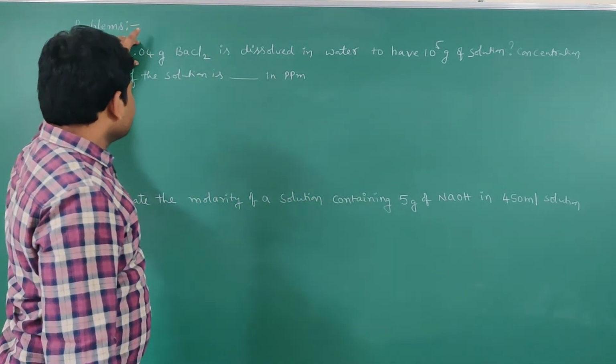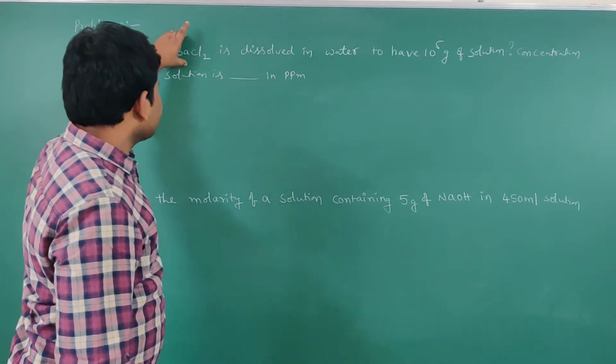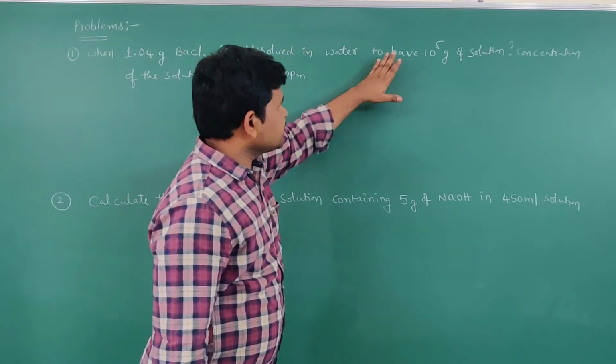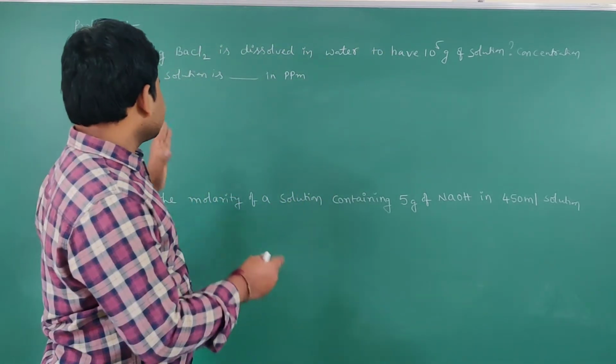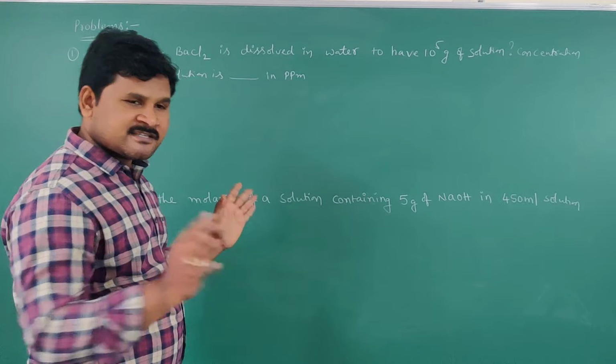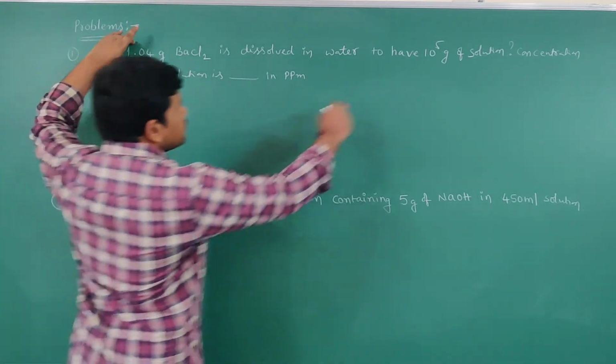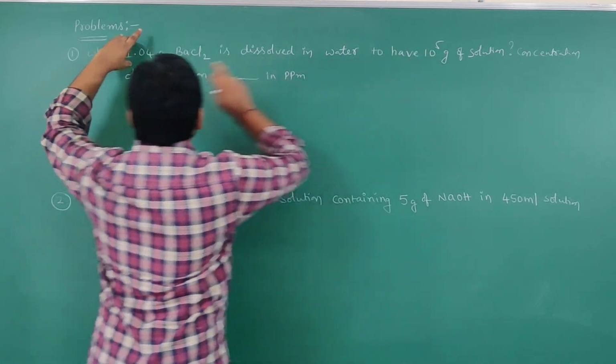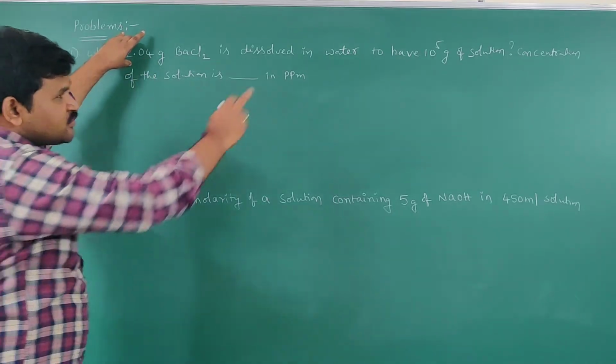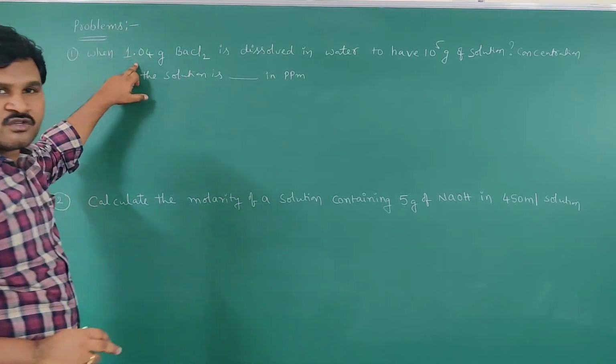Here we have two: one is 1.04 grams BaCl2, another one is water. By mixing BaCl2 with water we will get solution. Here what is the mass of solute in these two? This is in more quantity, this is in less, that is solution he is telling. This is a solute.